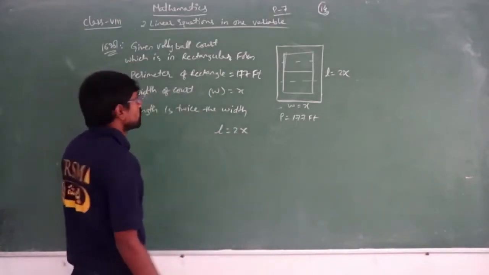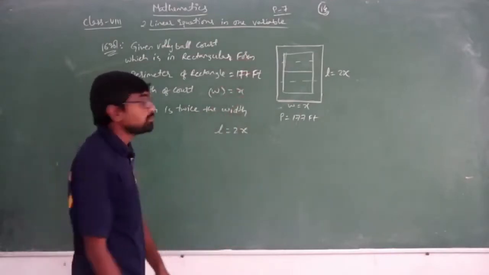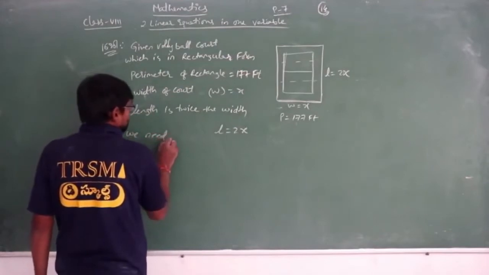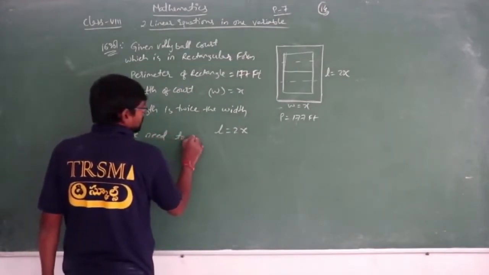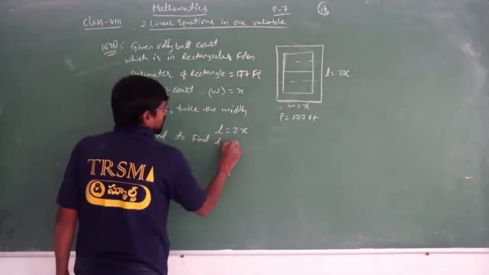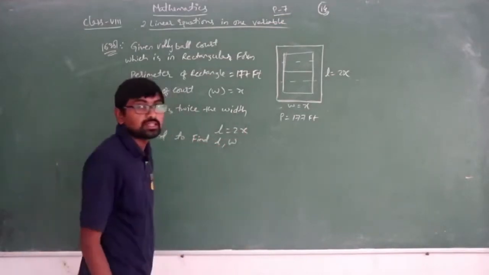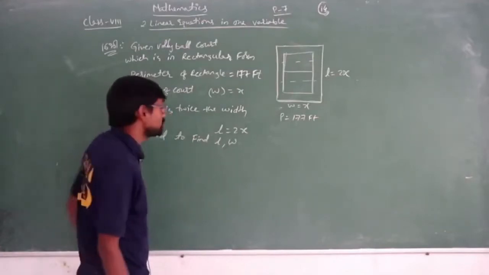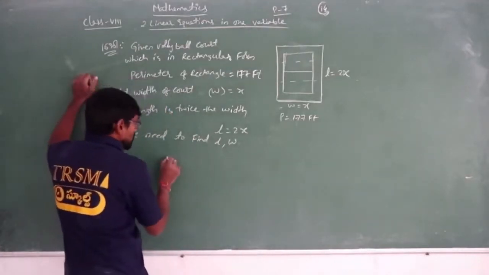Okay, so now we know the formula for perimeter. What we need to do? We need to find the dimensions, that is length and width, L and W. Okay, what he had given? Perimeter. We know the formula for perimeter, isn't it? What is the formula for perimeter?